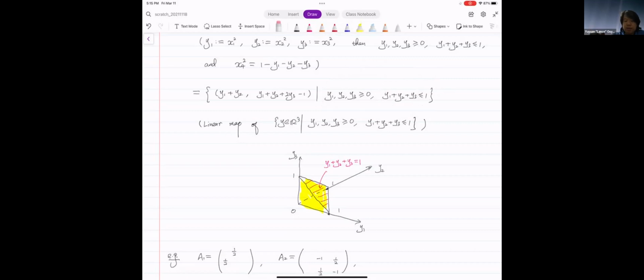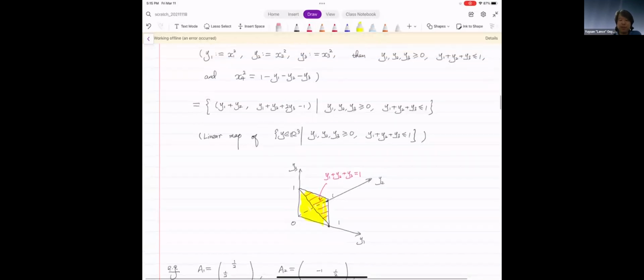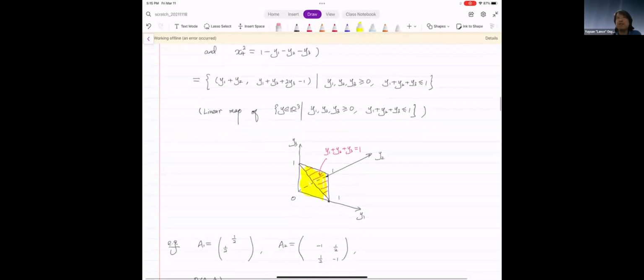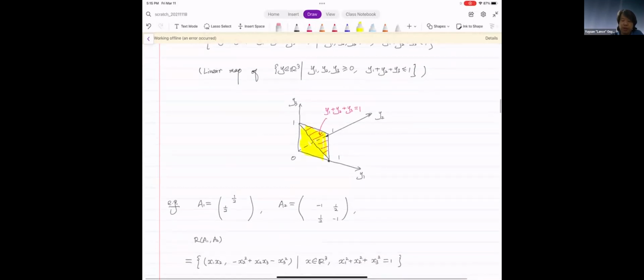All right, so it is a polyhedron. It is convex. It's straightforward if we look at the shape of it. And then, as I said, linear maps of convex sets are still going to be convex sets, and then we're done. Now, if you don't believe me, I can draw this set for you, and I'm actually going to draw some more sets afterwards, including this one. But let's hold on for now.